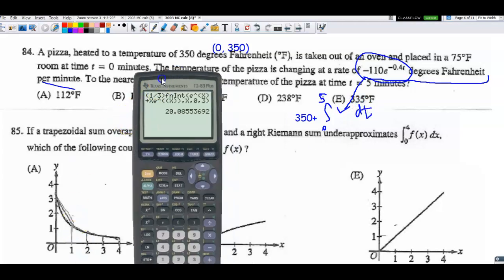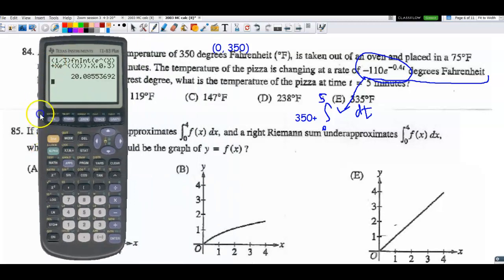So with the calculator, again, I'm going to keep it on the home screen. Clear.